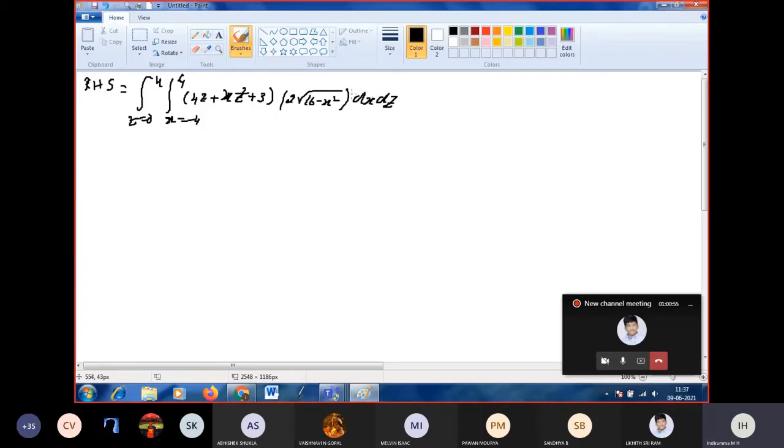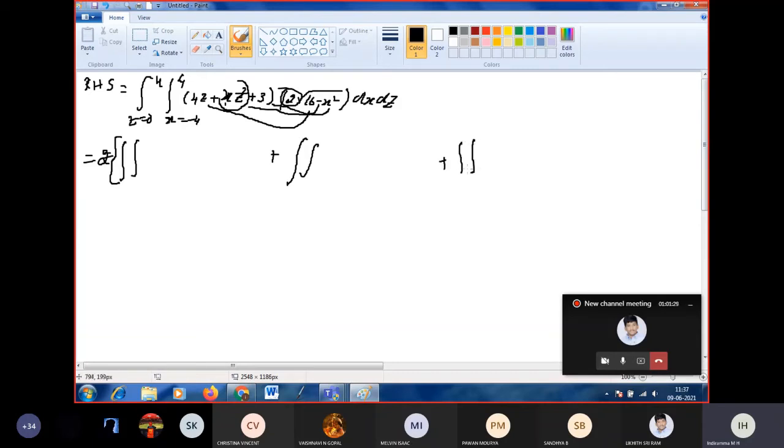So now what I will do, I am going to multiply this root of 16 minus x square to each and every term. Then I will integrate. Because I am integrating with respect to x, this term contains x. So next I will keep this 2 outside the integral sign for all the integrals. Then I will take 3 terms with the double integration.